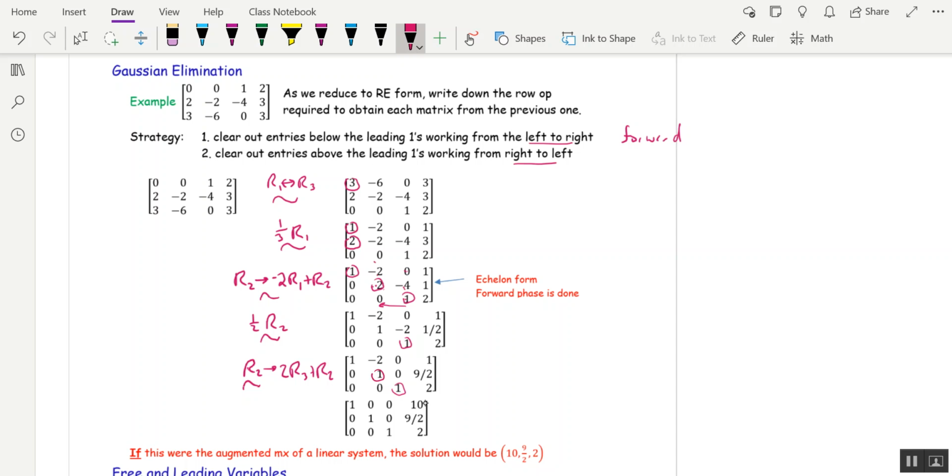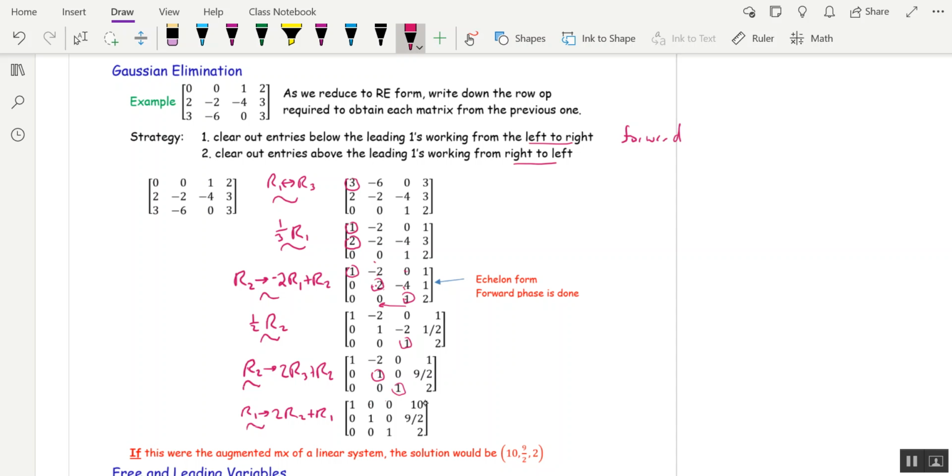Then I go to this guy and I want to clear out the -2 above. So the final step is going to be to replace row 1 with 2 row 2 plus row 1. All right, and that gives me 0, 0, 10.